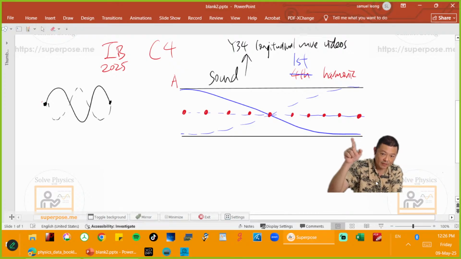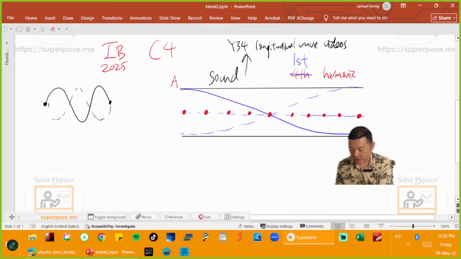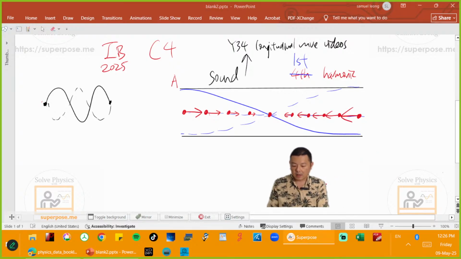Anything negative is negative displacement to the left, which also means that I can now start drawing arrows to show the displacement.